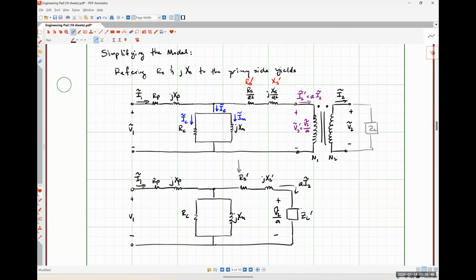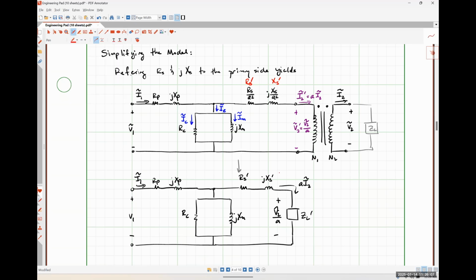Okay. So this is the first simplified model that we are going to be dealing with in this class. This is commonly referred to as the T equivalent circuit for a transformer. So let me just make a quick note of that.